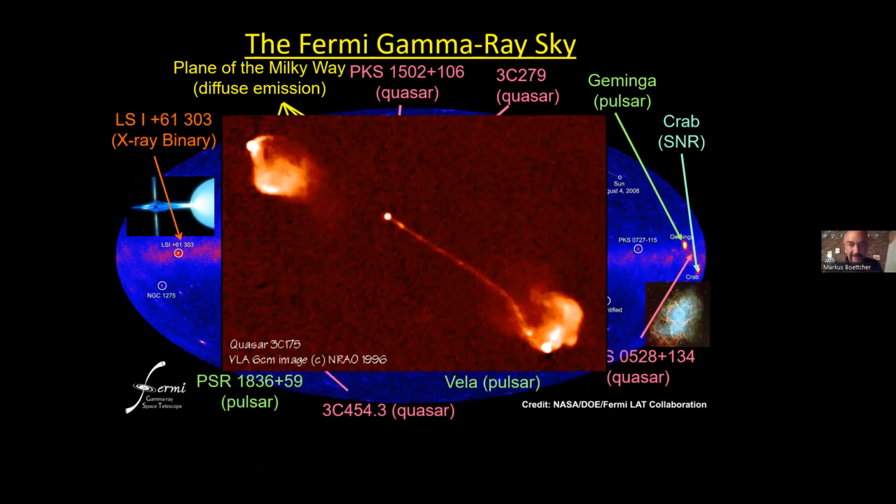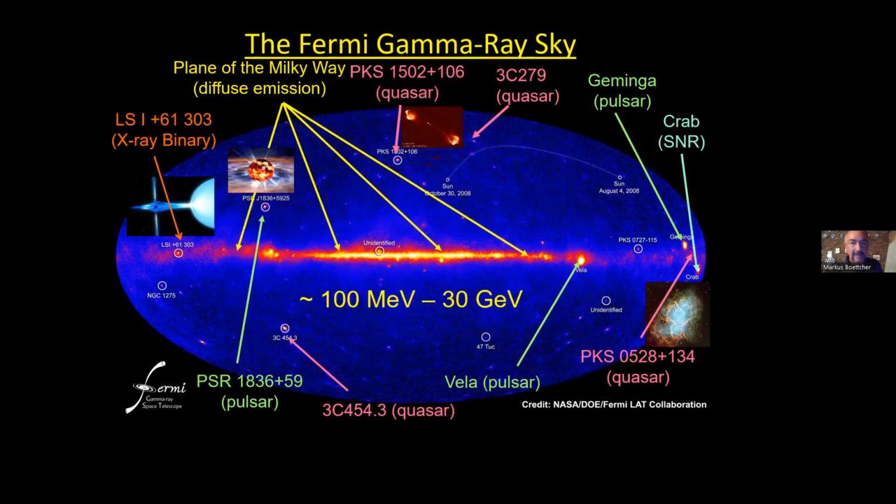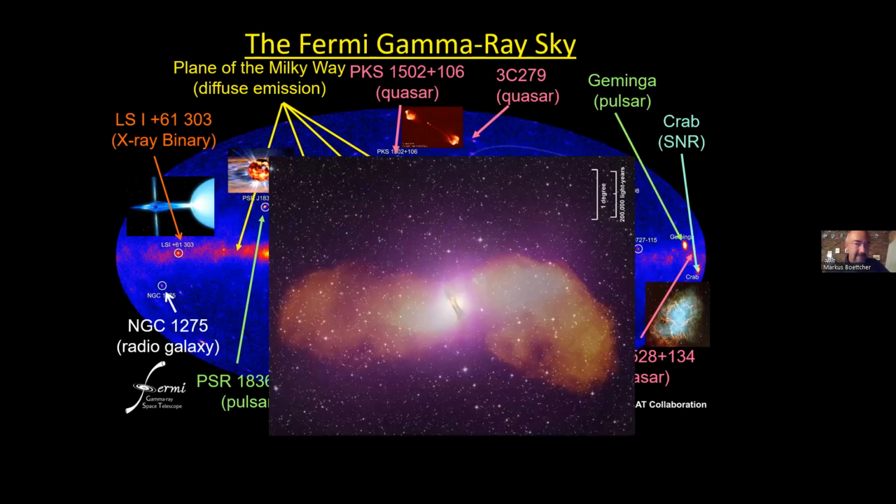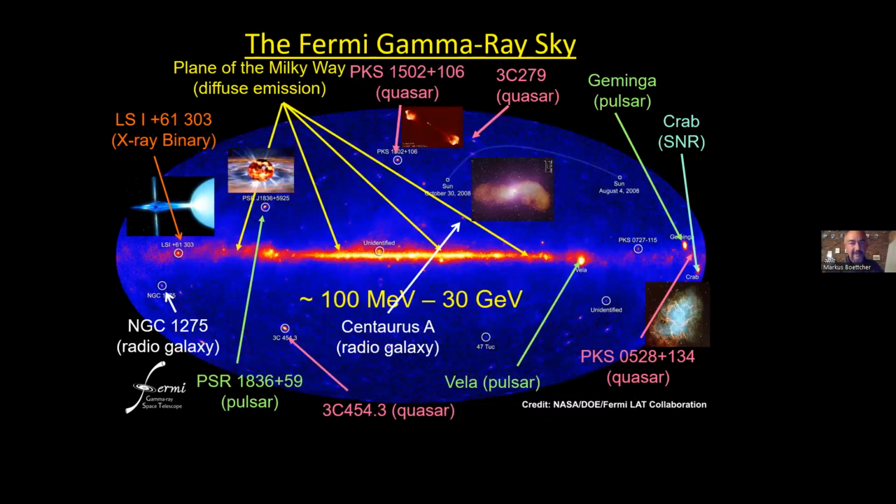I'll discuss these in a little bit as well. And then there are also active galactic nuclei like Centaurus A that we had this multi-wavelength view of at the beginning of the talk. Some of these are also detected in gamma rays. So you see there's quite a zoo of different sources that actually manage to accelerate particles to these extreme energies, much better than we can do in man-made accelerators.